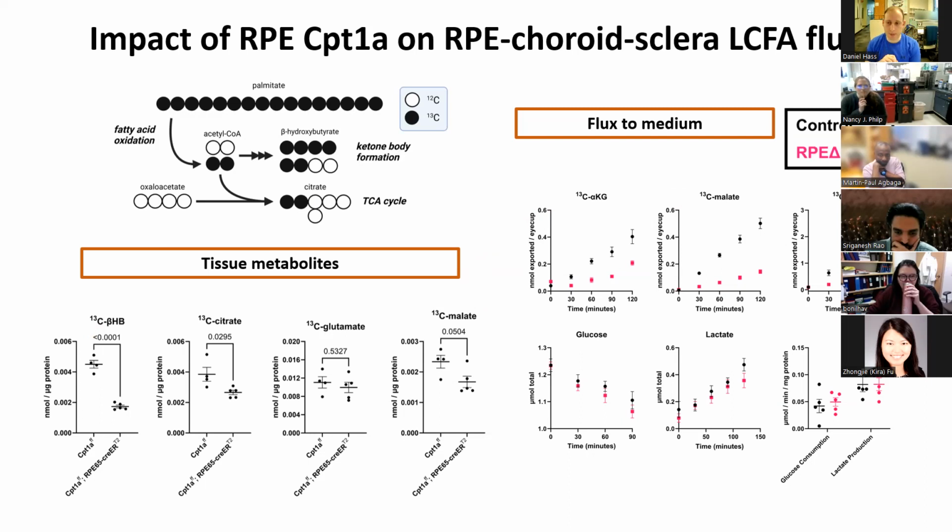There is a decrease in utilization of palmitate to make beta hydroxybutyrate, as well as other things in the TCA cycle this time, whereas the TCA cycle flux wasn't impaired in the HMG-CH2 model. And I also looked at glucose and lactate and quantified their uptake or output, and that wasn't any different.